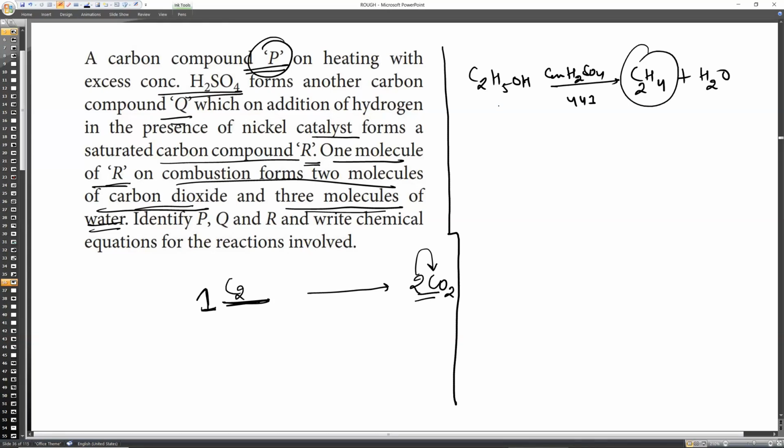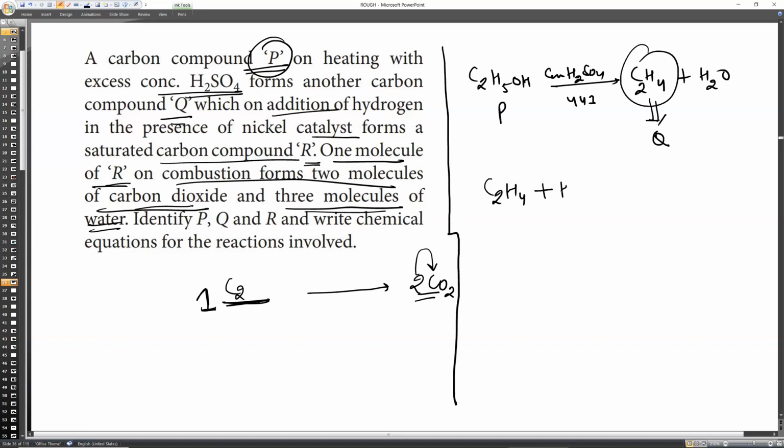So compound P on heating with concentrated H2SO4 gives another compound Q. You know that it is an unsaturated hydrocarbon, and unsaturated hydrocarbon gives addition reaction. So Q, on addition in the presence of nickel: now you have C2H4.